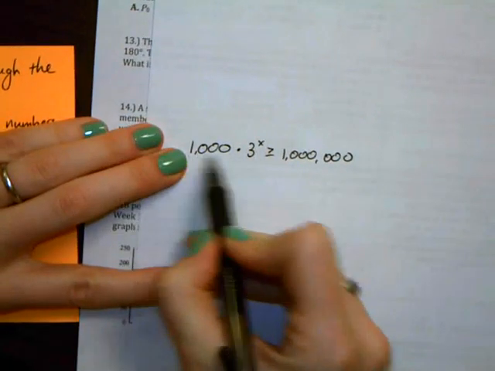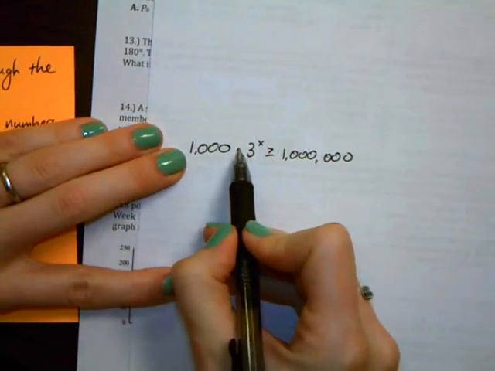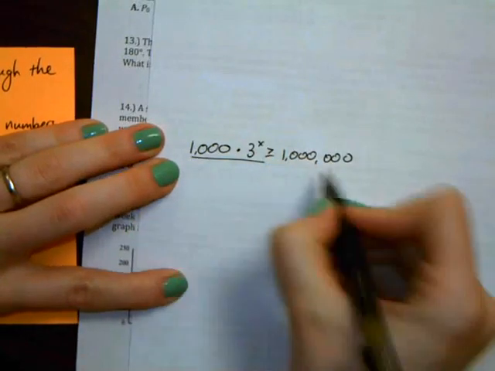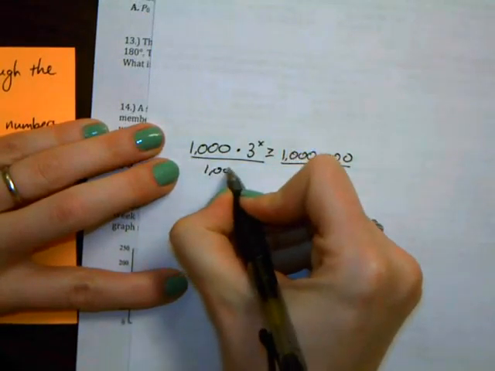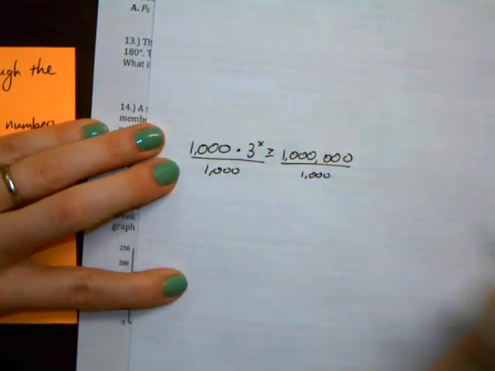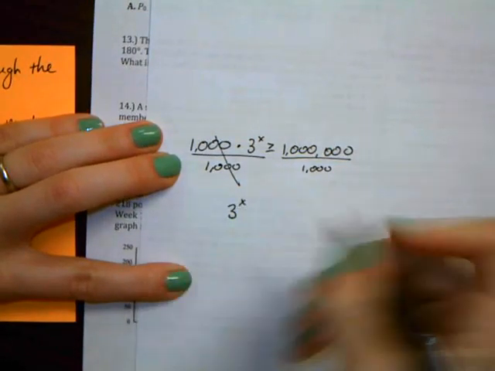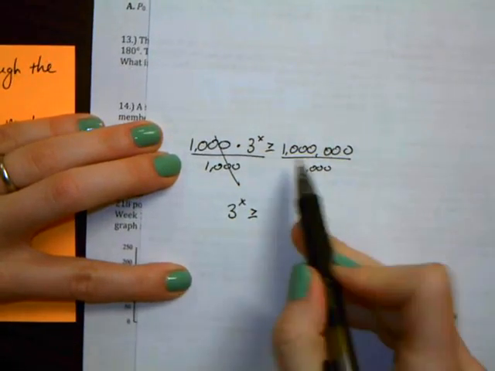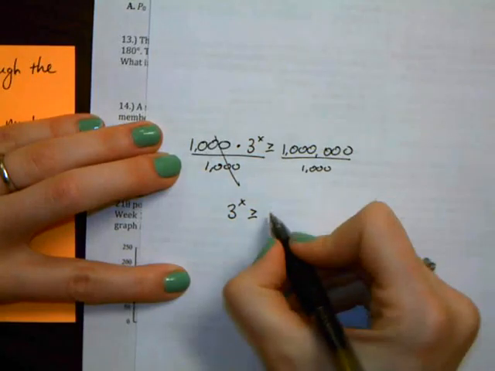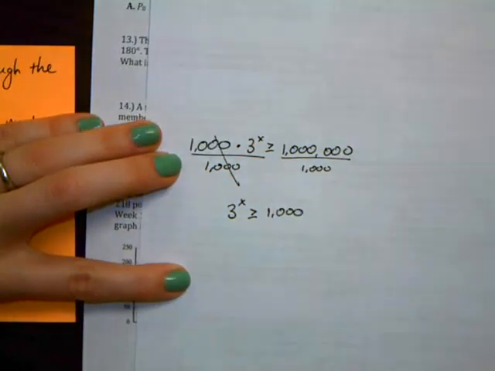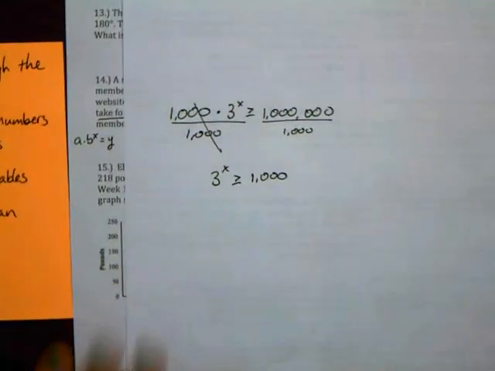Okay? I'm going to start then by getting rid of this multiplication here because I know how to do that. So that means I'm going to divide on both sides of my equation by 1,000. That leaves me with 3 to the x here is greater than or equal to 1 million divided by 1,000, which is 1,000.